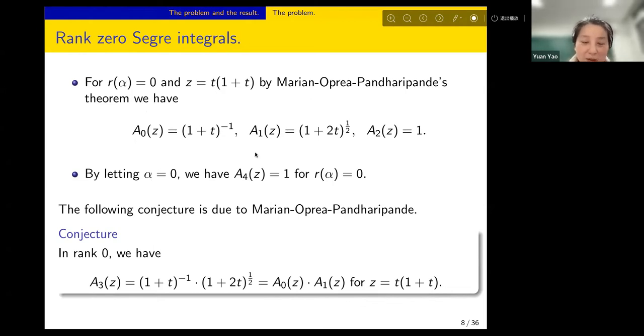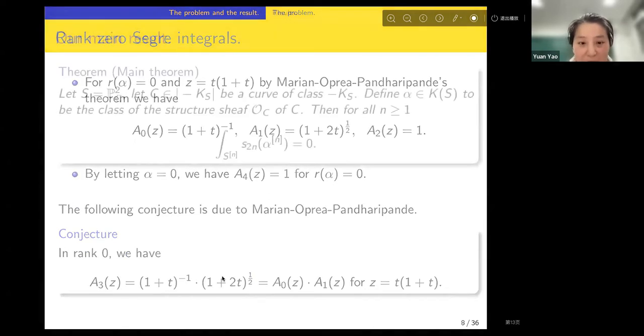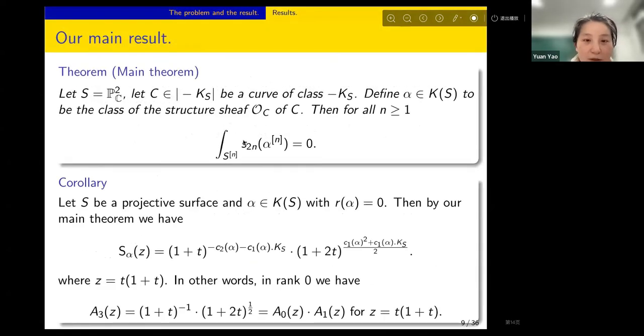Now the A3 part is the only one we don't know. For this special case, we get the Segre series to be 1, equal to 1, since we have other terms all zeros. So by their theorem and this universal series, you put everything together and you get these things.